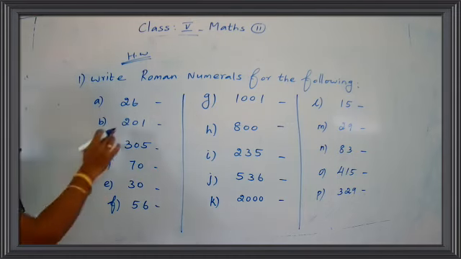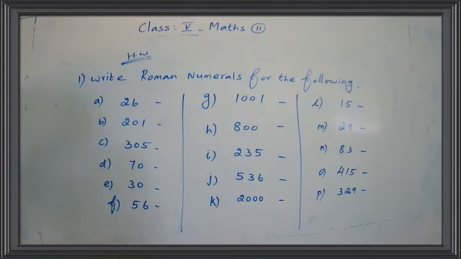Okay, like this. So 26 stands for XXVI. Okay. Now 201. 201 can be written as 200 plus 1. Okay, children. Are you clear? Yes. Now 305. 305 can be written as 300 plus 5. Okay. So 3 times 100 plus 5. That means 305.